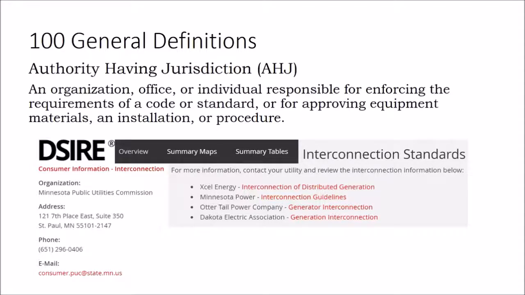What's very common is that your local authority will want to have a disconnect switch on the outside of the building that is very clear, straightforward, and easy to see from a distance. And so they're settling on a knife switch disconnect, and it's not part of the National Electric Code.